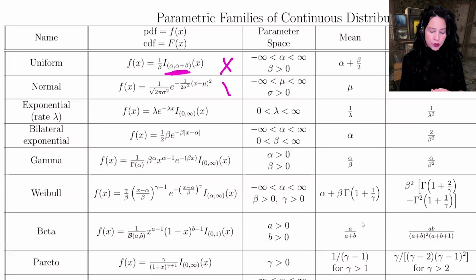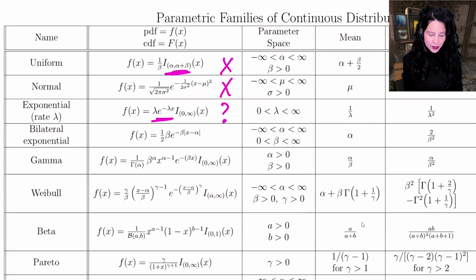And I know it's not the normal distribution. This doesn't have an indicator because this one goes from minus infinity to infinity, whereas the one we're trying to find only goes from 0 to infinity. For the exponential, we're in the right region, 0 to infinity, but our PDF is not quite complicated enough.